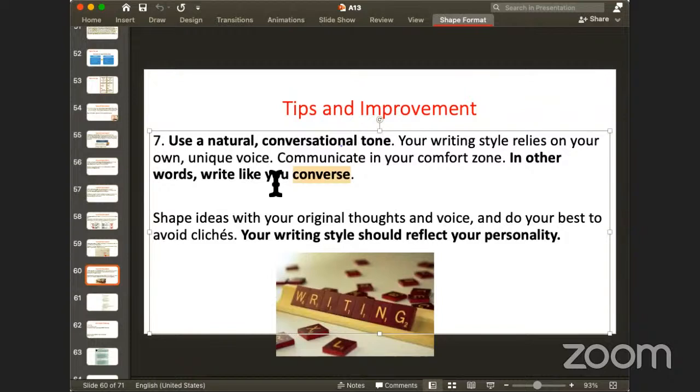Also, try to shape ideas with your original thoughts and voice. There are ways that we can describe some things in a very original way. For example, you're talking about dogs and cats, and maybe you found a very unique article.